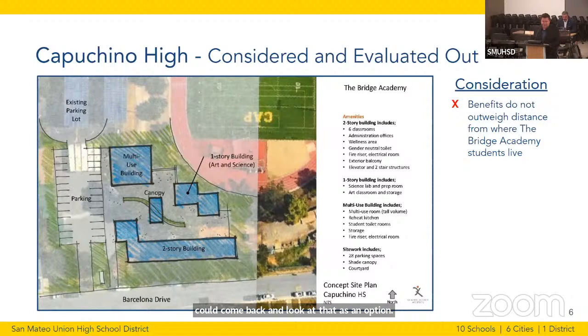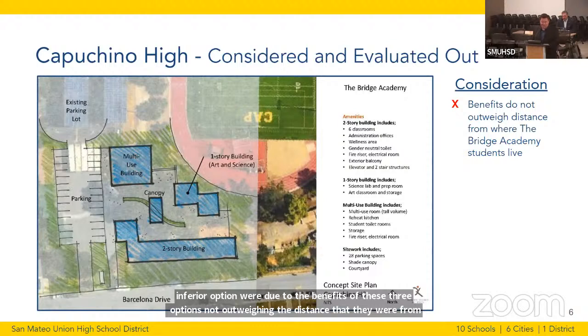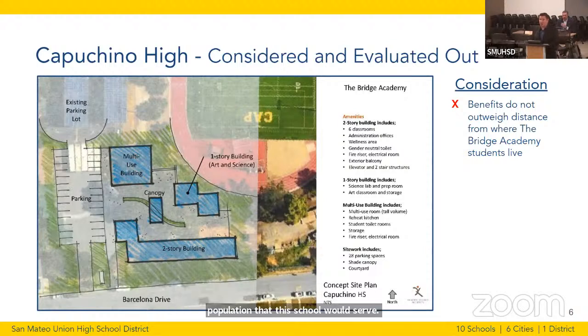The first 3 options that we considered and evaluated out as inferior option were due to the benefits of these 3 options not outweighing the distance that they were from the population that this school would serve. That includes the Capuchino option. So just to put you out where you are, this is in the Boneyard, the Maintenance and Operations Boneyard above Capuchino's football field.